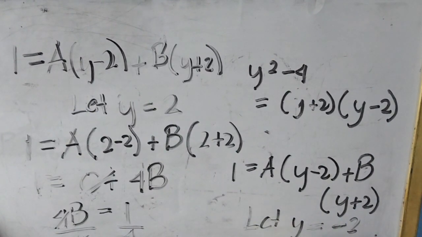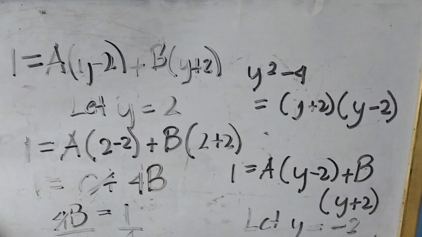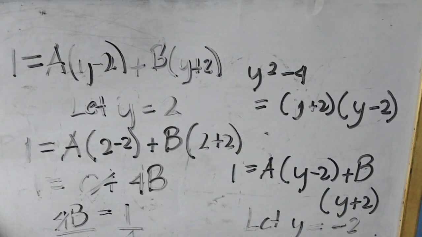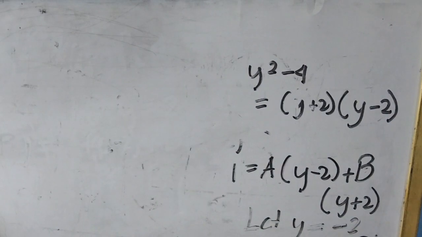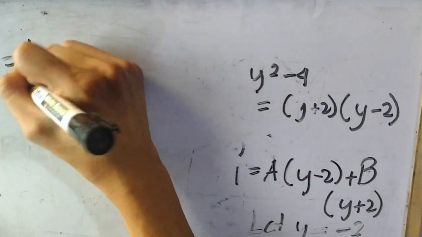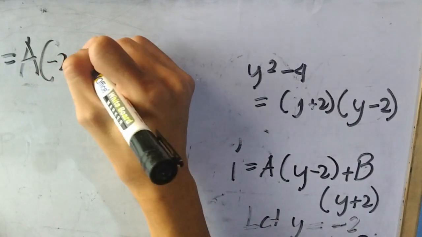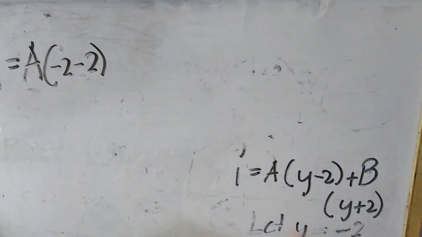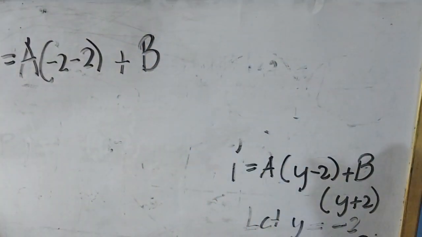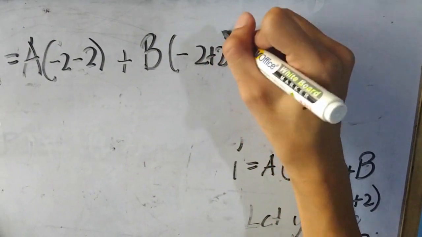After that, we put in the value of y: a times negative 2 minus 2 plus b times negative 2 plus 2.